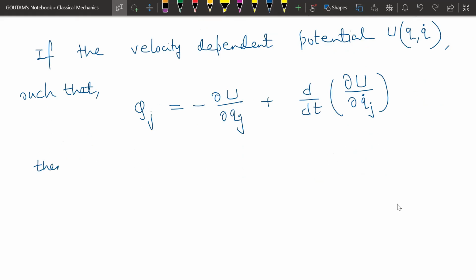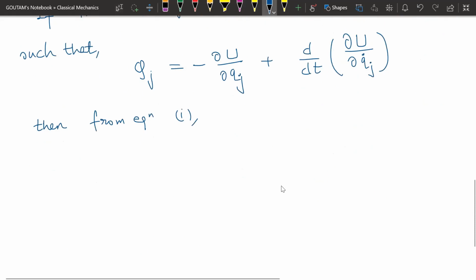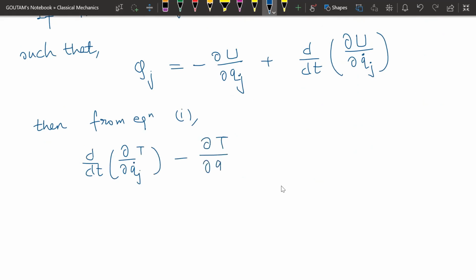Then from equation 1, what we can have is, d/dt of ∂T/∂q̇j minus ∂T/∂qj is equal to Qj.